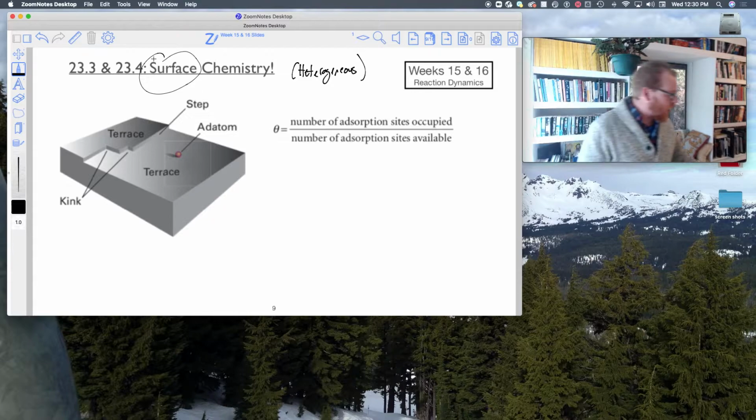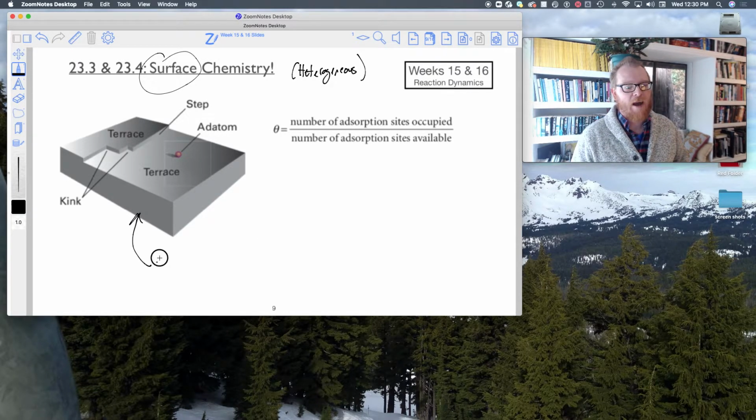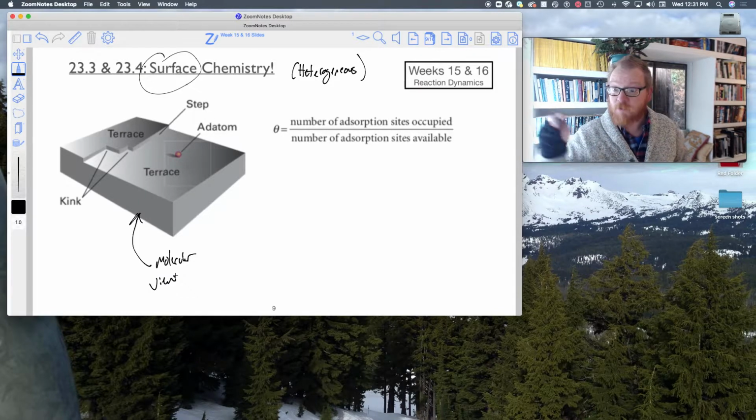Okay, so let's talk about the step Terrace Kink model of a surface. This would be a molecular view of an interface, of a solid, right? The top, let's say, layers of a solid.